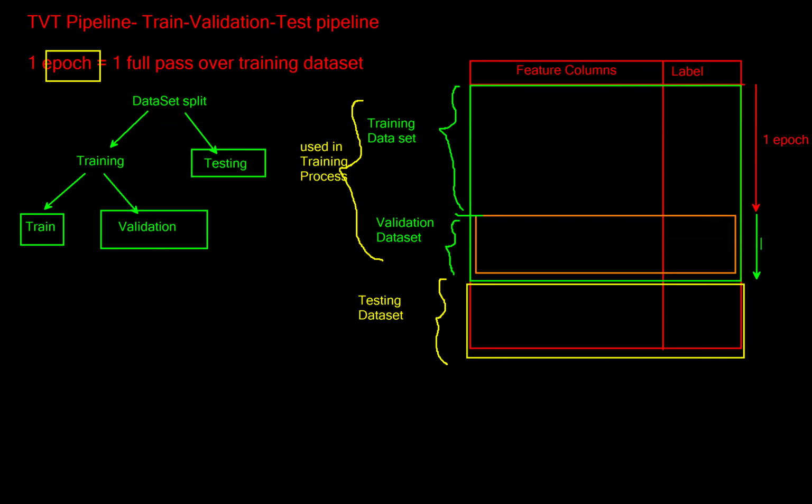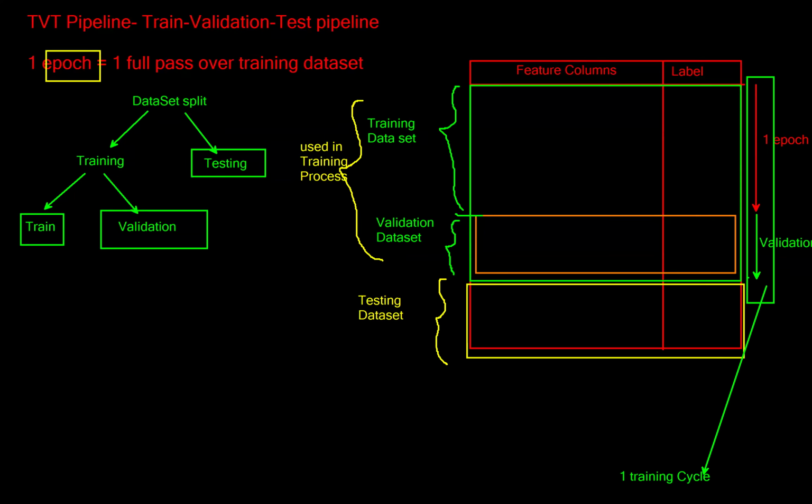This is known as the validation process, or simply validation. So one epoch and one validation are collectively known as one training cycle.